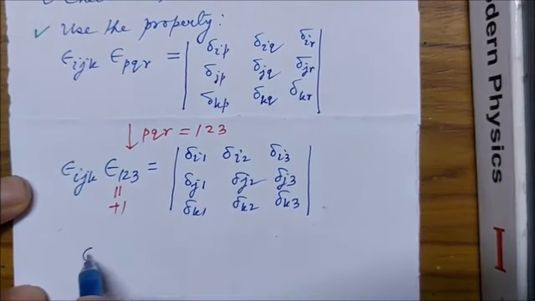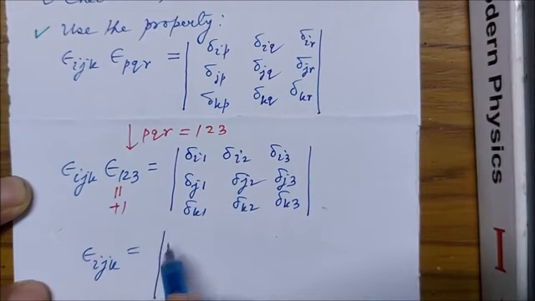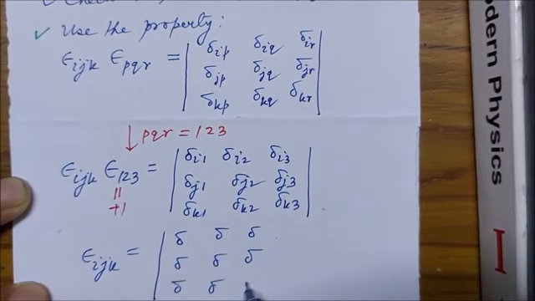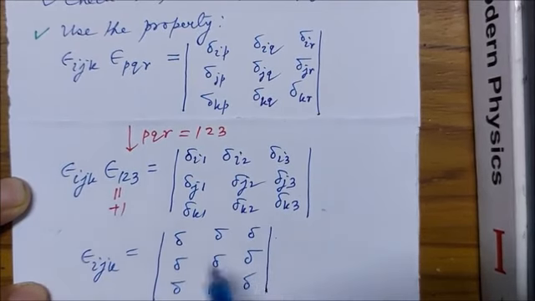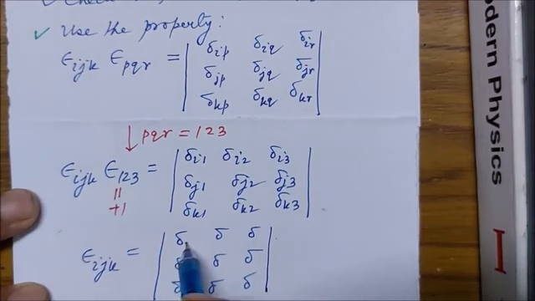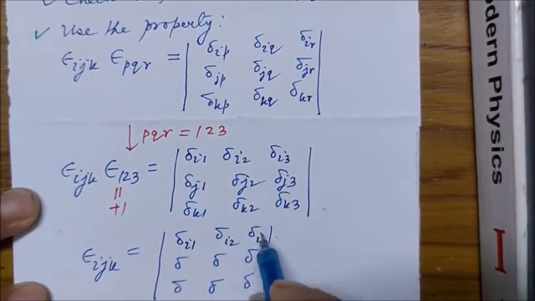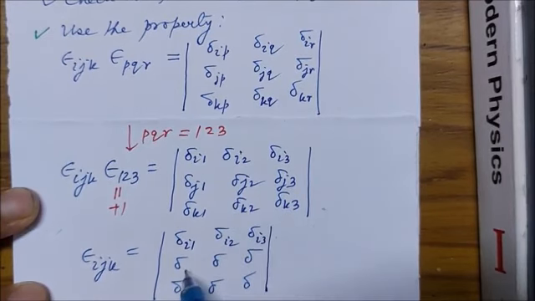So it follows that the Levi-Civita symbol ijk can be written as the determinant with rows I1, I2, I3. We are just copying it and writing it afresh. J1, J2, J3, and K1, K2, K3.